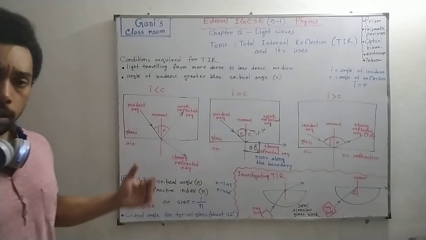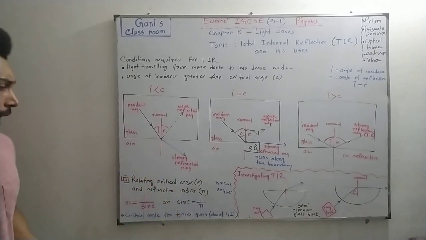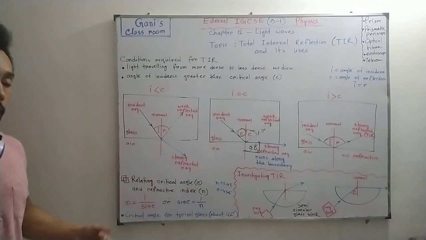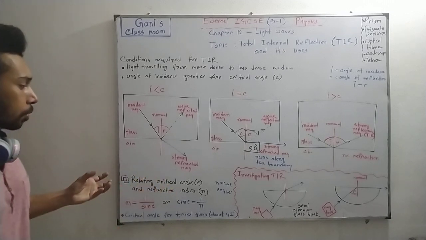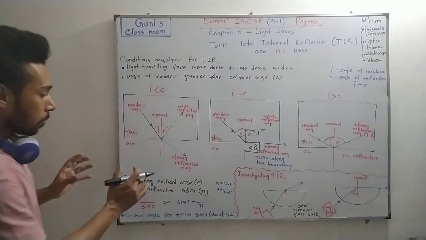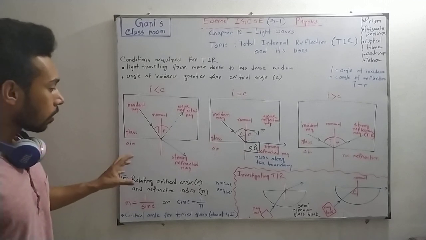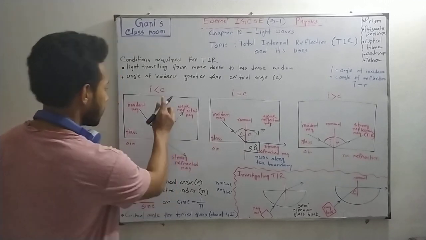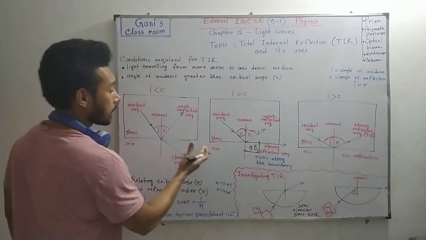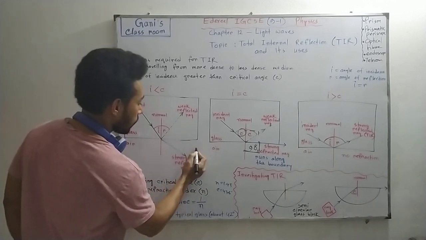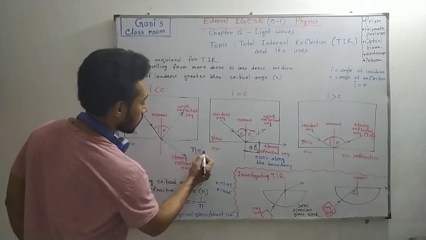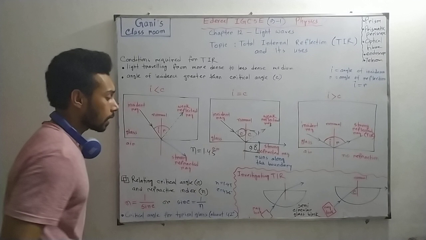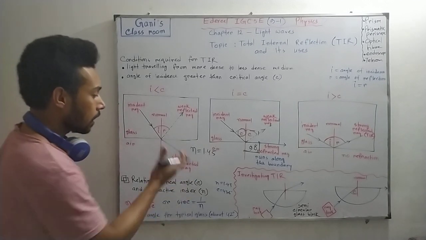When you are asked to calculate the critical angle, or the refractive index given the critical angle, suppose we see an example. Suppose there is a glass which has a refractive index n equal to 1.45, and you are asked to find the critical angle of the glass.